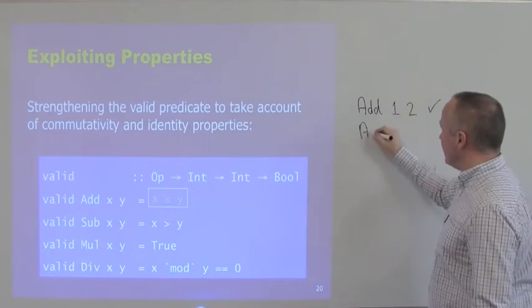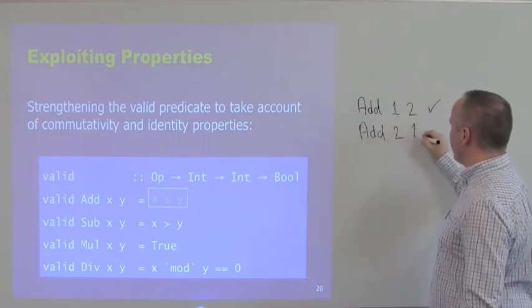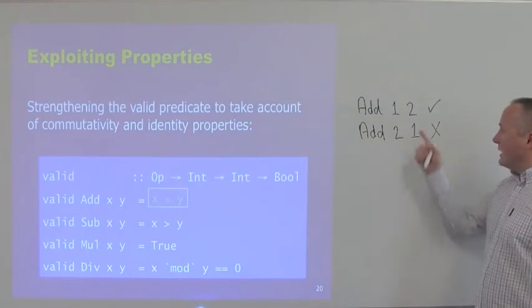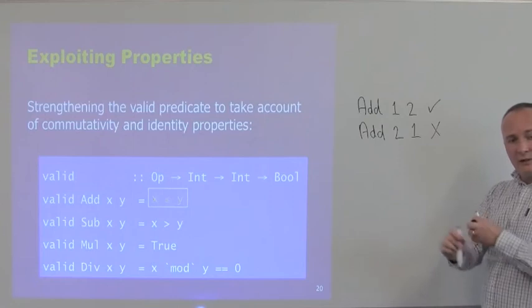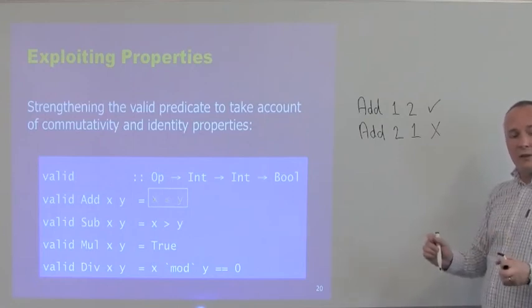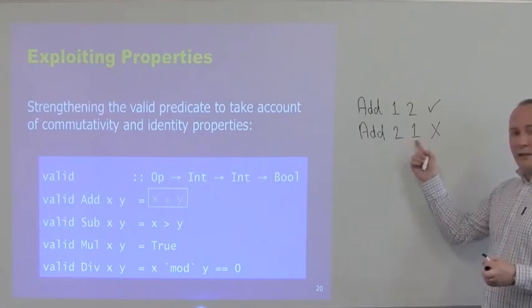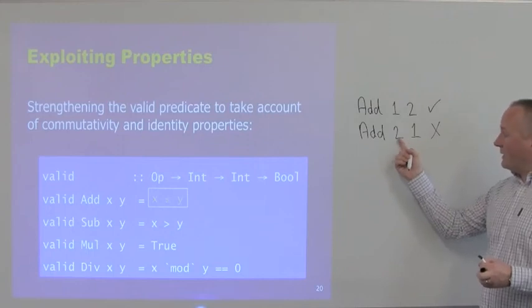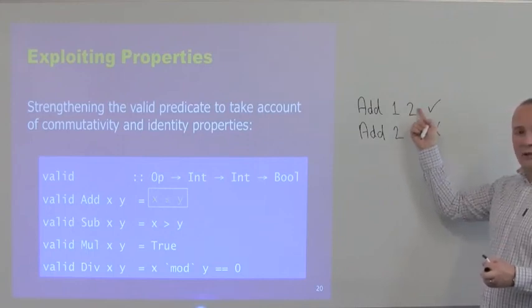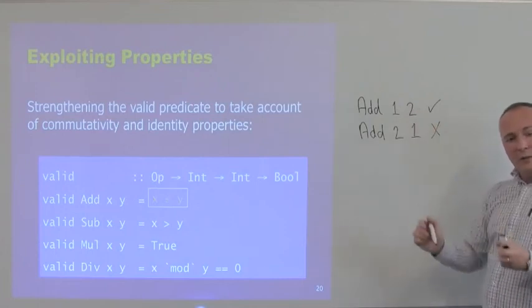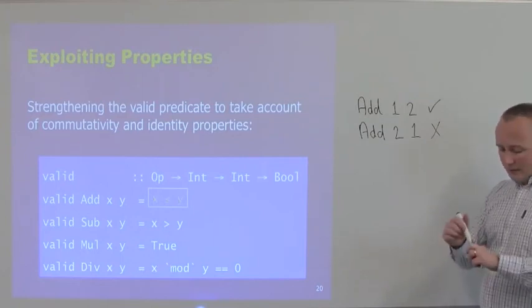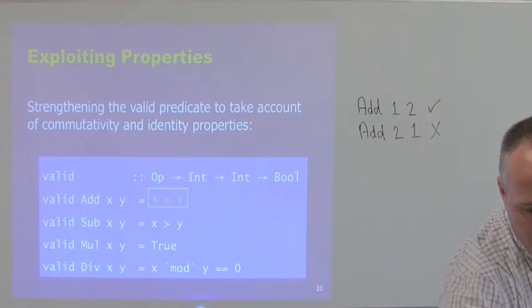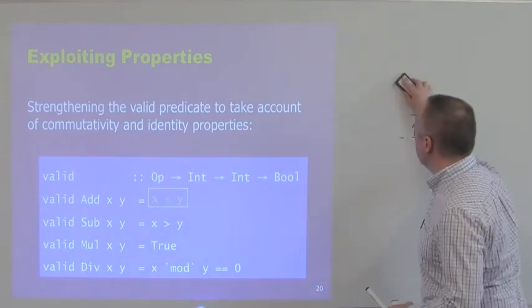But I want to reject add 2, 1, because if I generate add 1, 2, I know I'm also going to generate add 2, 1 because I'm considering all possible rearrangings of the numbers which I'm given. So I don't really need to consider this one, where the first one is bigger than the second one, because I know I'm also going to consider the other. So the way I'll take account of commutativity is I'll say you're only allowed to add 2 numbers if the first one is less than or equal to the second one. Okay, so that's a little trick to account for commutativity of addition.